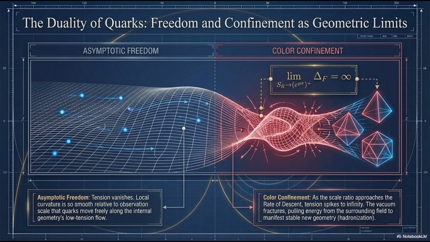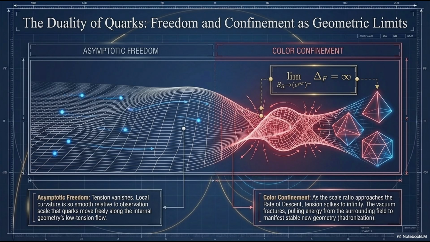Well, here's where it gets really interesting. What does the universe do? I mean, it can't just let space-time tear open, right? No, it protects its own integrity. When the tension hits that infinite limit, the vacuum violently pulls raw ambient energy from the surrounding field to manifest completely new, stable geometry. Wow.